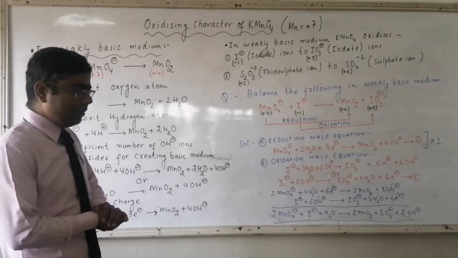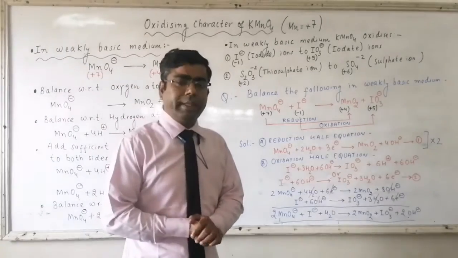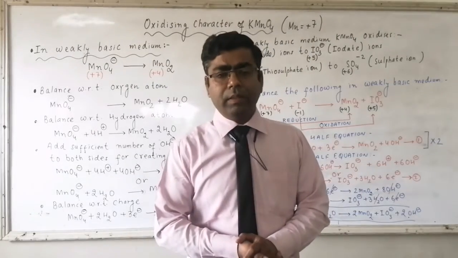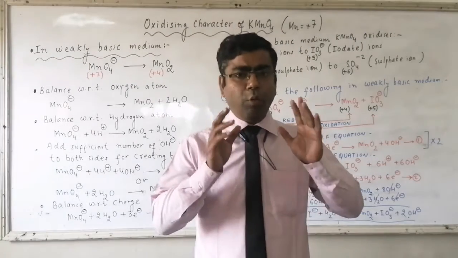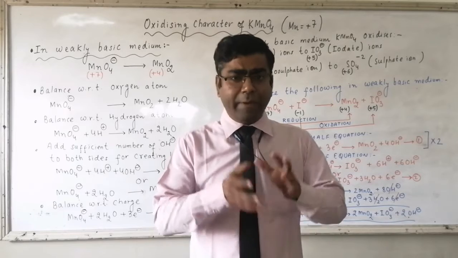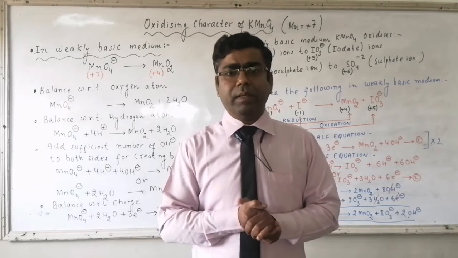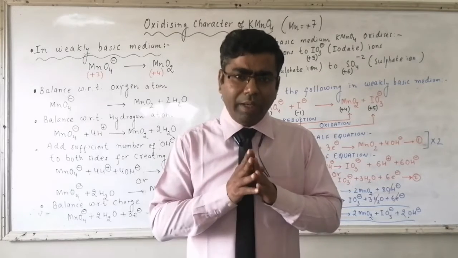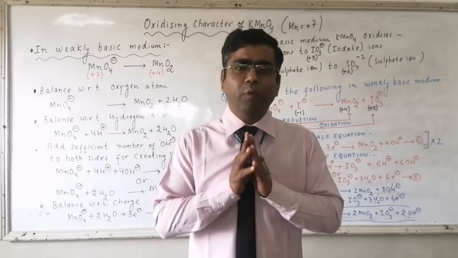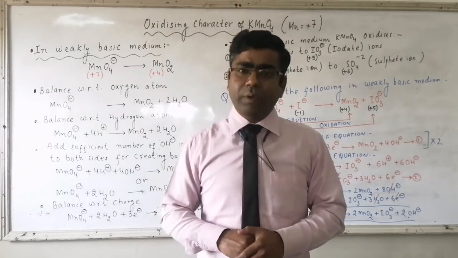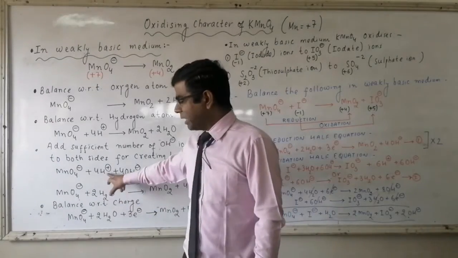Now H plus ions cannot be there in basic medium. We require OH minus ions. We have to create basic medium, and for creating basic medium we will add a sufficient number of OH minus ions to both sides. First we have to cancel out this H plus ion.